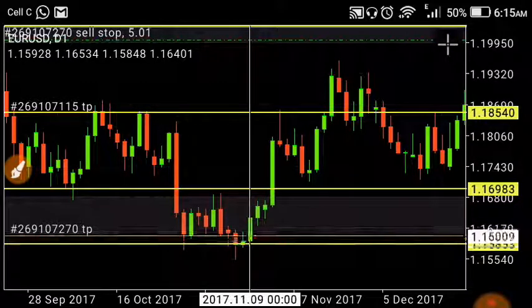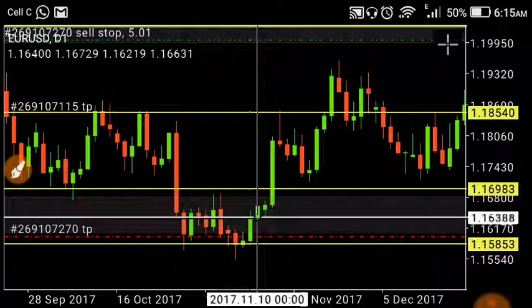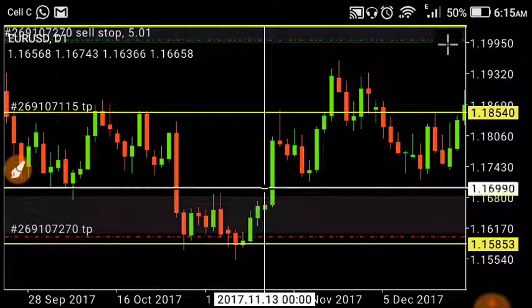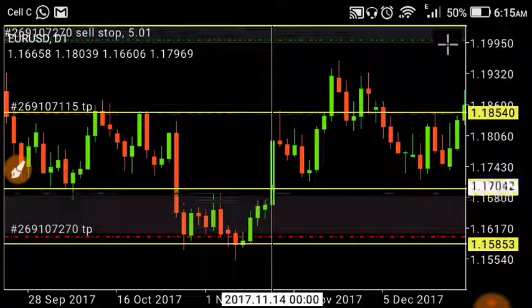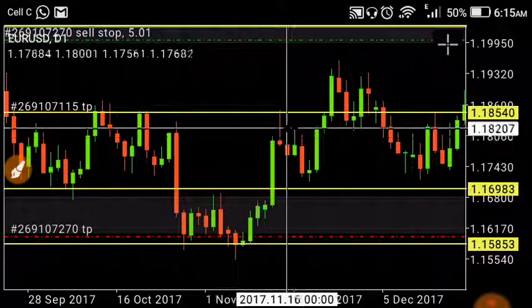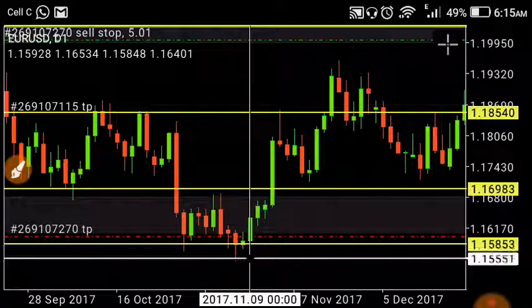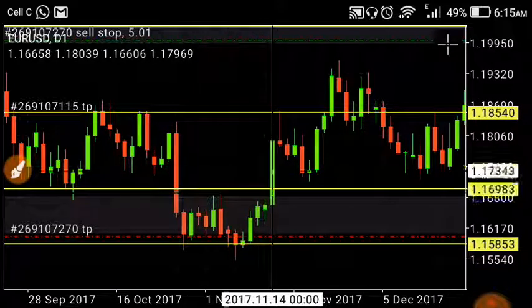This could be like a 3-to-1 ratio, just from this area here to this area here. And as you can see, it actually broke through even further. So basically you could have gathered about an 8-to-1 ratio just on this trade here.